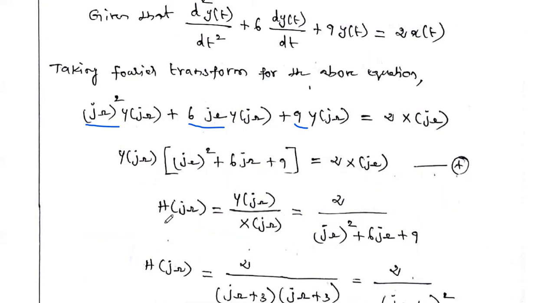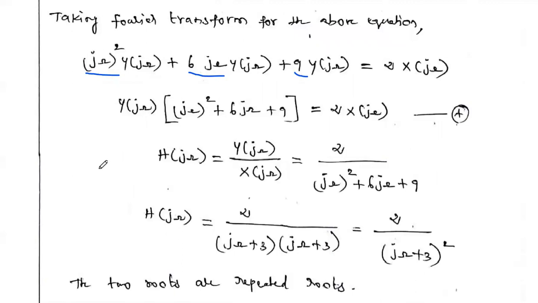It is said to be the transfer function, or the frequency response capital H of j omega. So H of j omega equals 2 divided by j omega the whole square plus 6 j omega plus 9. This is the frequency response or transfer function of the given system.